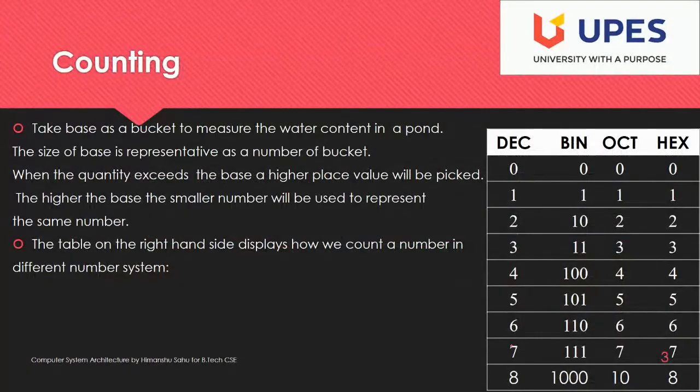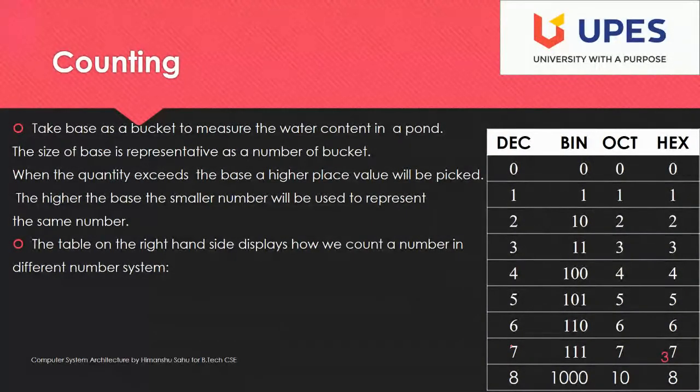Now what is this base all about? Suppose someone asks you to calculate the water quantity inside the pond, and you have been provided a bucket. There is a variety of buckets, a very small bucket, a bigger bucket, something like this.